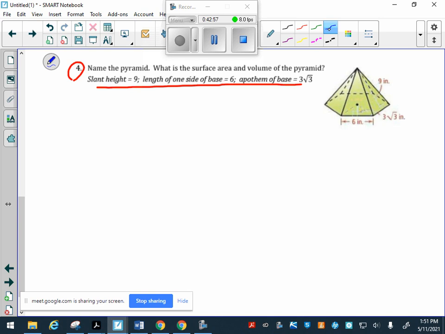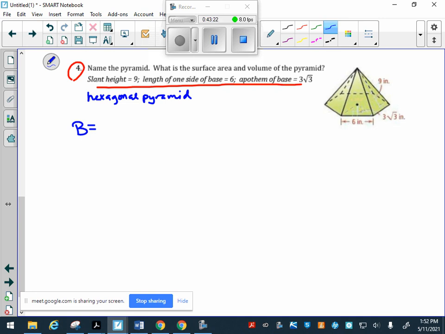Alright, so we have named the pyramid. This is a hexagonal pyramid because the base is a hexagon. Identifying the shape of the base is important because when you do capital B, area of the base, you need to know what area formula to use. If this is a hexagon, what area formula are we going to use? 1/2 AP.